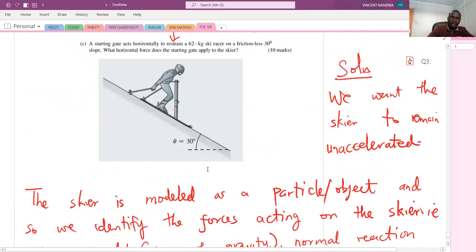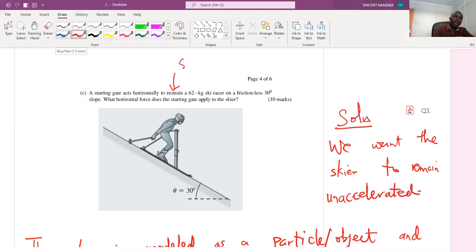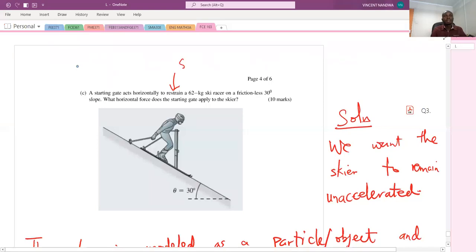Now, we go back to the diagram and draw an appropriate free body diagram to represent all those three forces of interest. And remember that we have to choose an appropriate axis that can help us to do that resolution of forces. So we draw the y-axis and this is the x-axis.